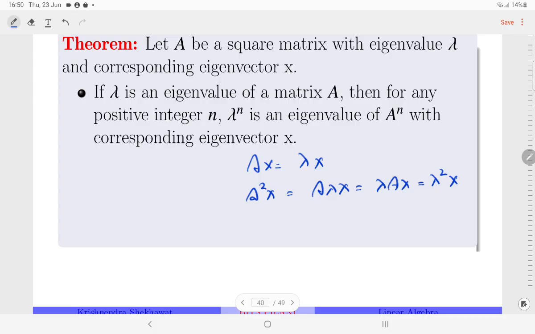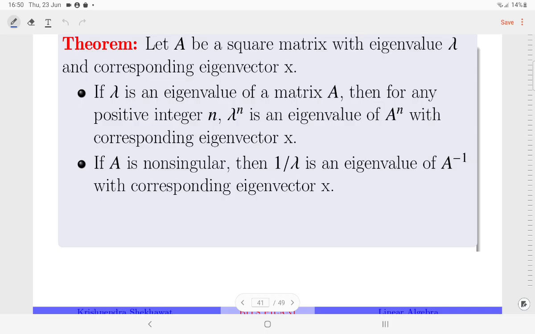So if lambda is an eigenvalue of A, then lambda square is an eigenvalue of A square, and lambda raised to the power n is an eigenvalue of A raised to the power n. For the negative powers, we only need that A inverse exists, then only we can talk of its eigenvalues.